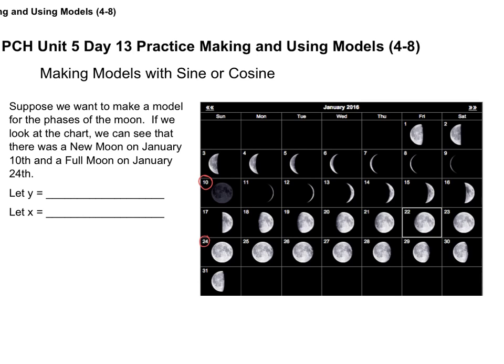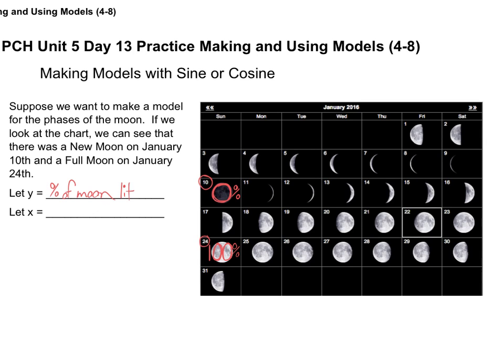So what we're actually going to do is we're going to make our y equal the percent of the moon that is lit up. Okay? So we're going to call our new moon 0%. There's 0%. And we're going to call the full moon 100%.